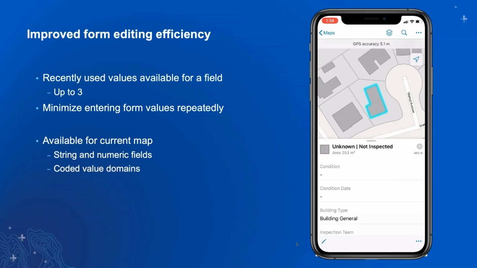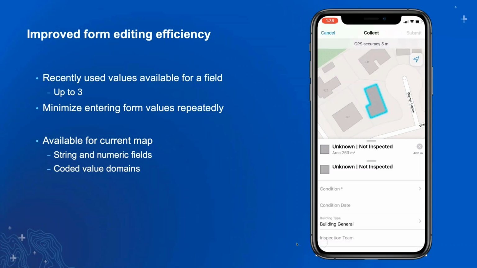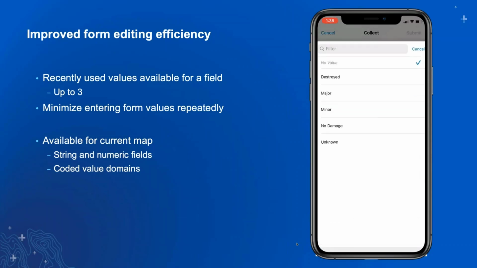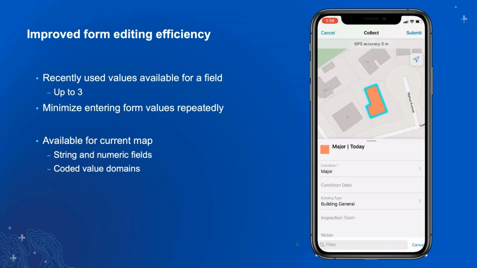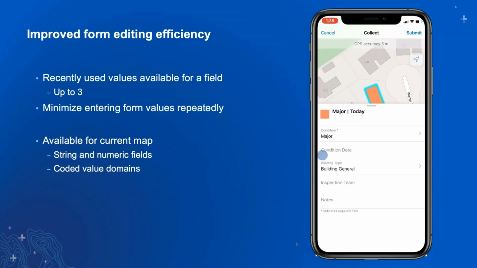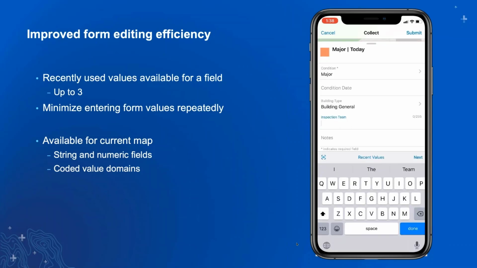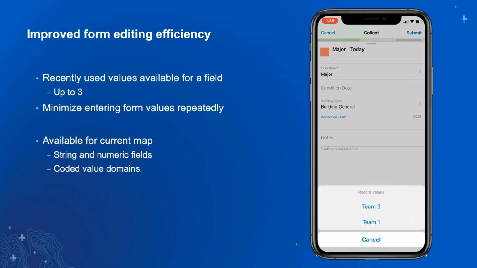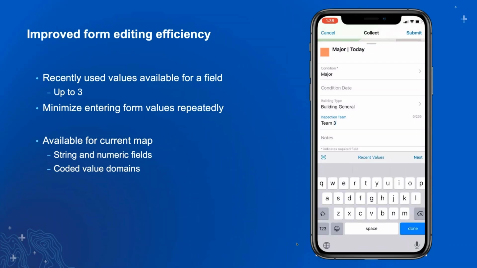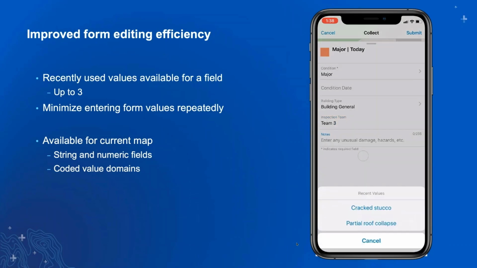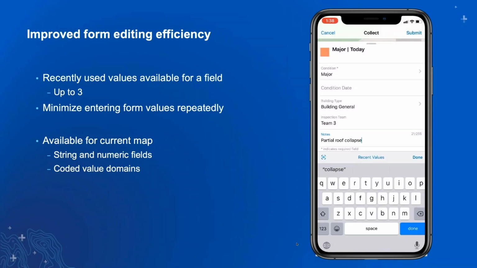So here we'll just take a look at this video where I'm just going to edit this particular building and change its inspection. So I'll change its condition. But when I get to my inspection team, you'll see there was a recent values there above my keyboard, and I can use any recent value that I put for that particular field. Again, same here, partial roof collapse.